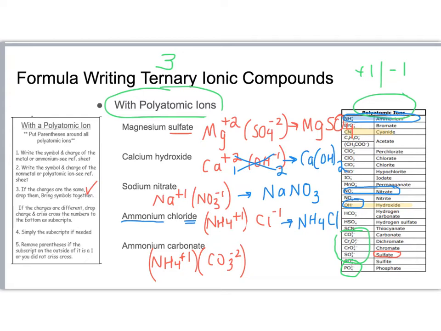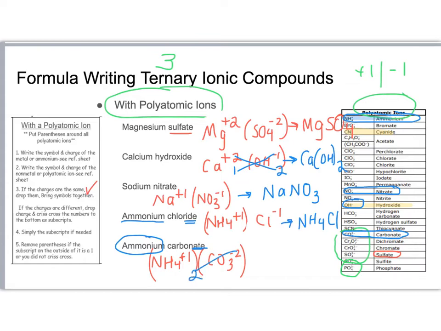And last but not least, this is an example where I actually have 2 polyatomic ions in my name. I've got the ammonium, which we just learned is NH4 plus 1, and that "ate" is reminding me that it is also a polyatomic ion, and that is CO3 minus 2. Once again, those two charges are not the same, so I'm going to drop the charges.